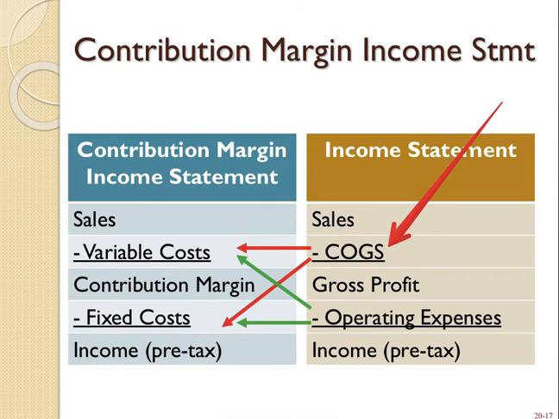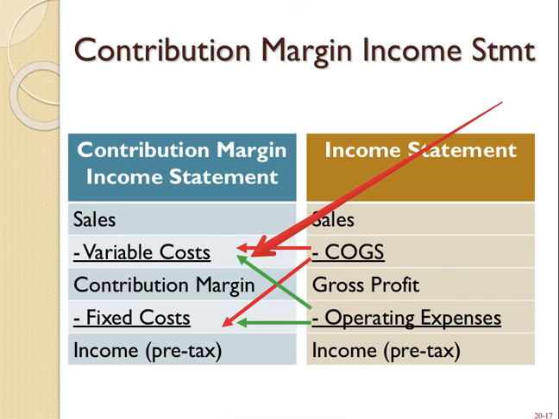We talked about that. Variable things would be things like direct materials and direct labor. Fixed costs would be things like factory rent or factory depreciation. Within operating expenses, those again are your selling, general, and administrative expenses, there are elements that are both variable and fixed.